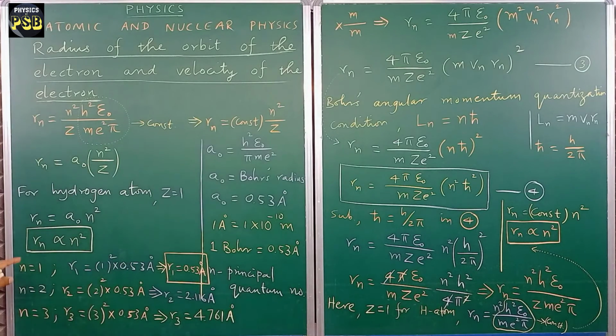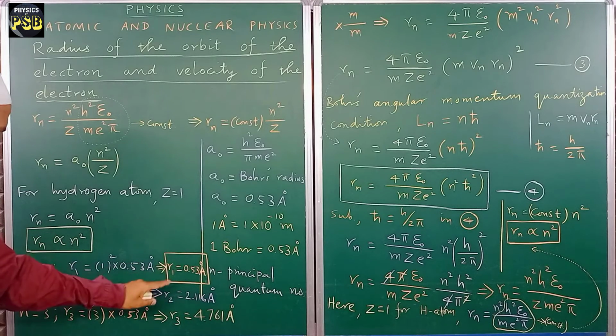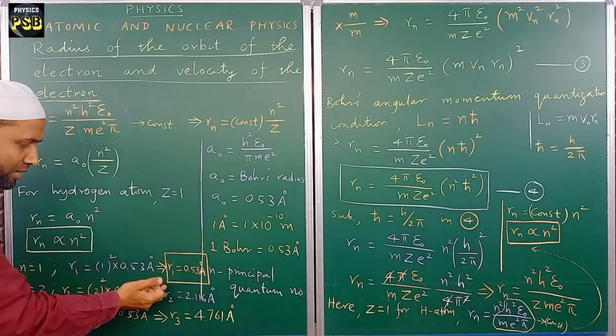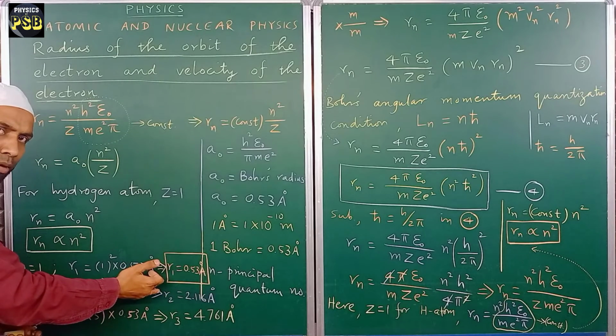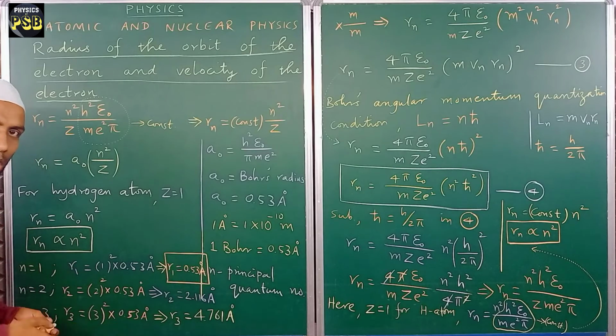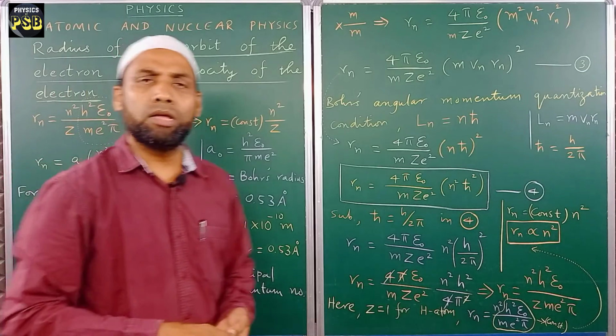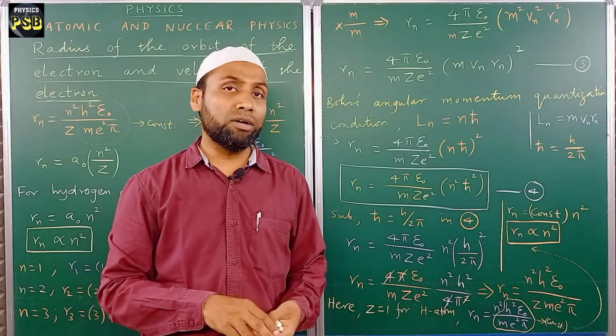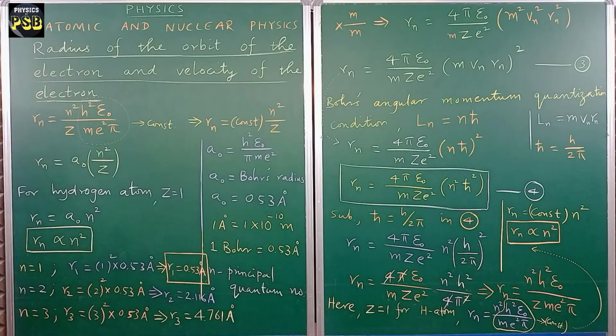So if you compare these three values, R1, R2 and R3, you find that as the principal quantum number increases, the radius also increases. That means as you move away from the nucleus, the radius of the orbit increases. This is what we understand from these three equations, which I am going to show you with the help of a simple diagram.